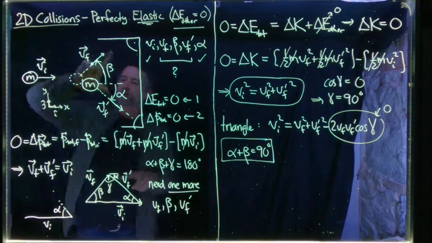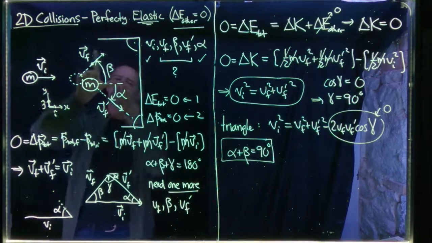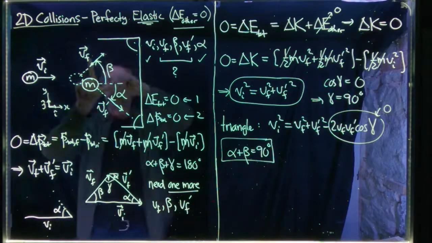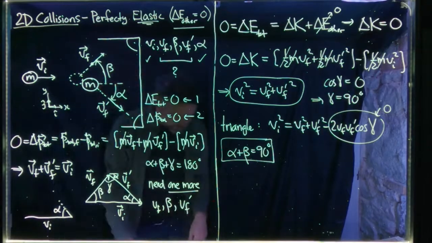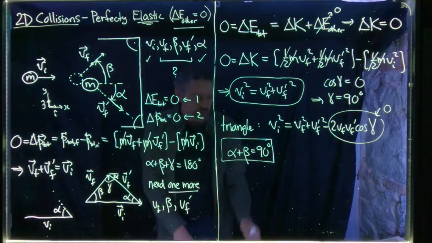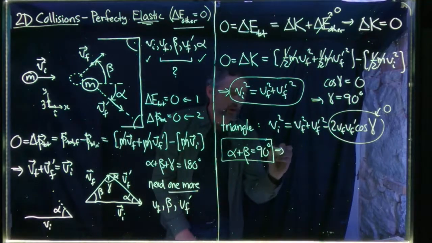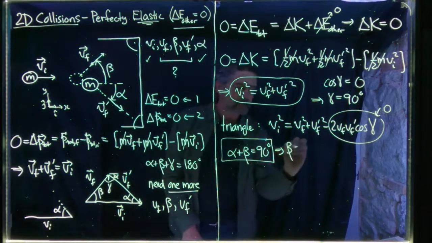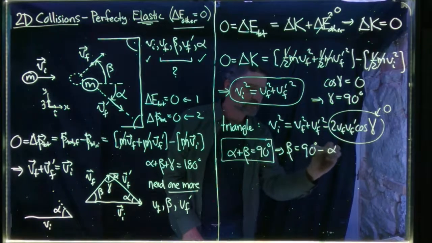So no matter what you choose alpha to be, beta is immediately determined to be 90 degrees from that. So that's kind of cool. That's an important sort of thing to observe about this. So in other words, if you know alpha, which we do know, we're specifying alpha, then immediately beta is known. So beta is just 90 degrees minus alpha.